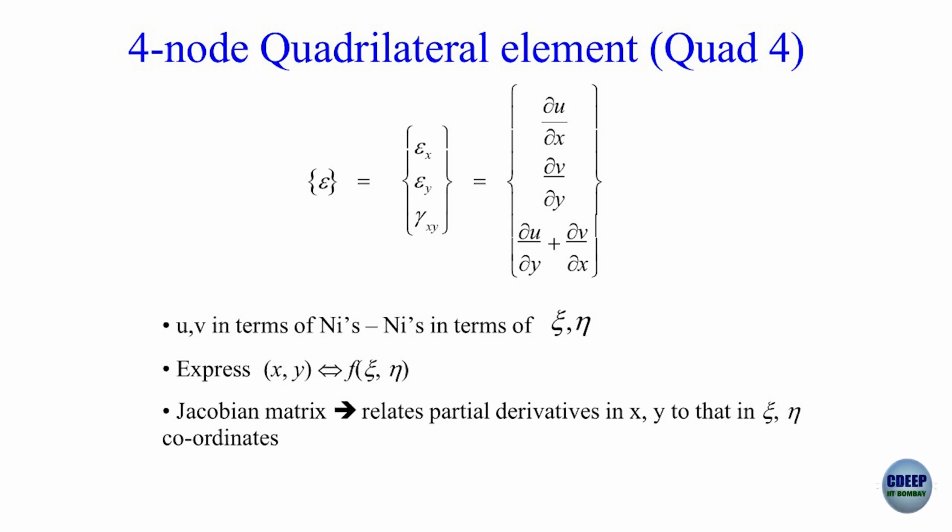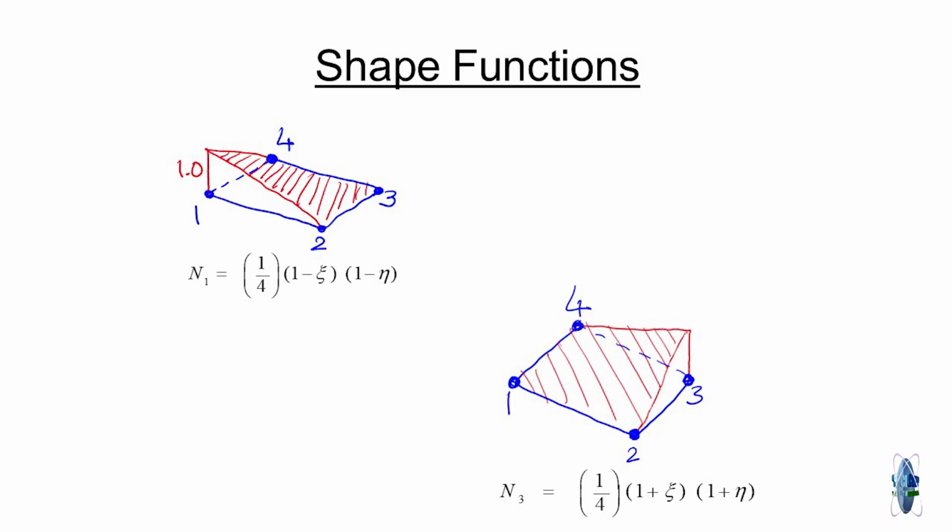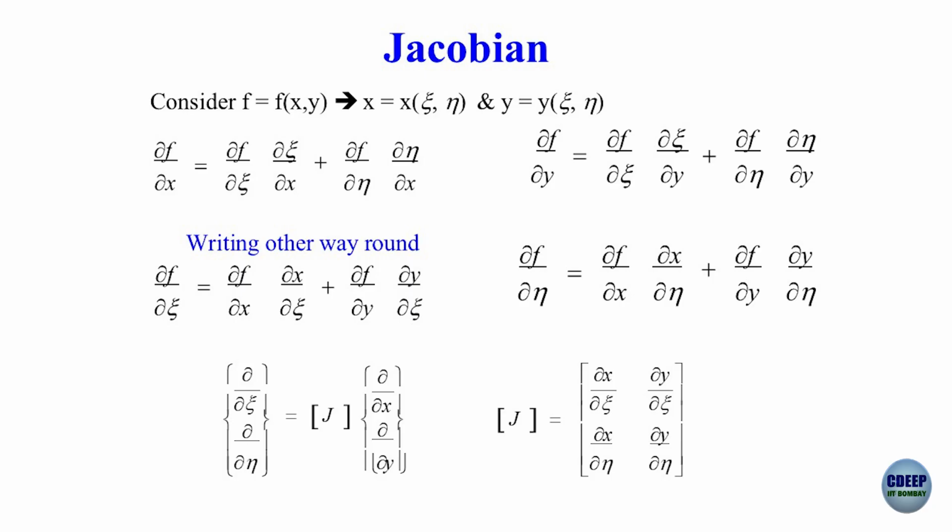But the point is, u, v are given in terms of these shape functions N1, N2, N3, N4. They are given in terms of zeta eta. So, we have to keep switching between xy coordinates and zeta eta coordinates. Okay. So, that is what I am going to do. If any function f is given in terms of xy, but x is given in terms of zeta eta and y is given in terms of zeta eta, you want the derivatives.